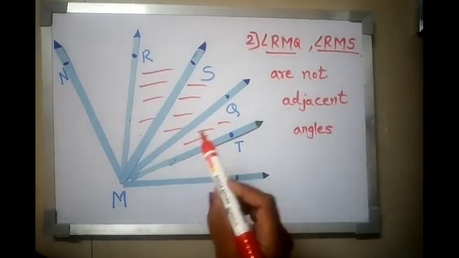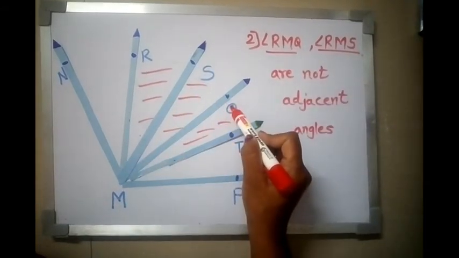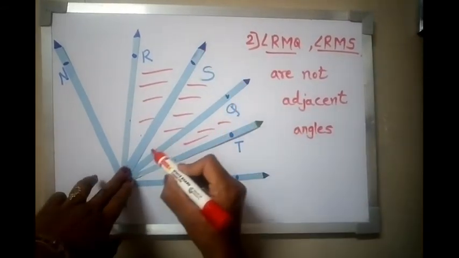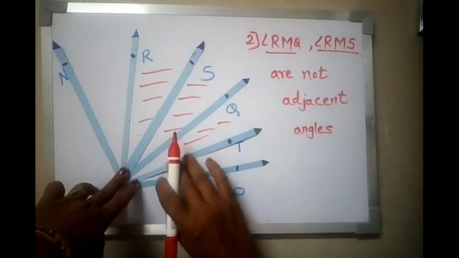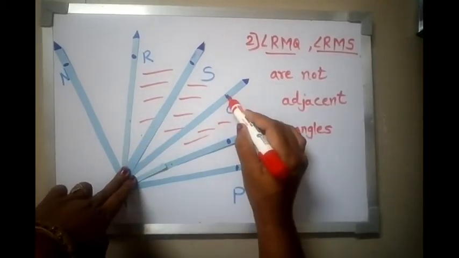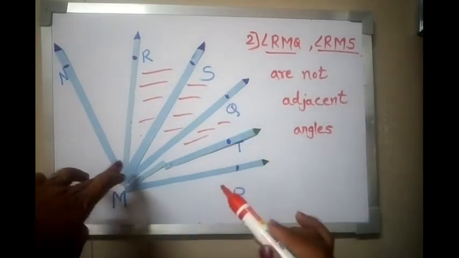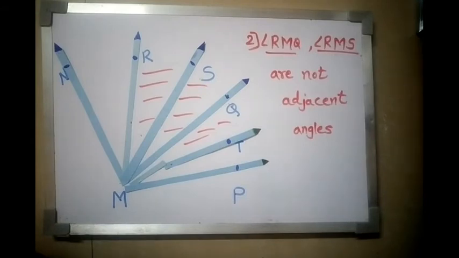Second, angle RMQ and angle RMS are not adjacent angles because there is no common arm and common vertex. Here are three interior parts, so these two angles are not adjacent angles.